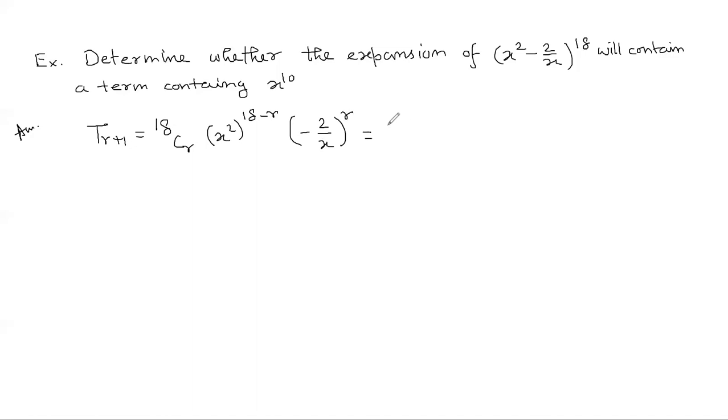So if we simplify it, we'll get minus 1 power r, then 2 power r, 18Cr, and from here the power of x is 36 minus 2r, and from here we are getting minus r. So it is minus 1 power r, 2 power r, 18Cr, and x power 36 minus 3r.